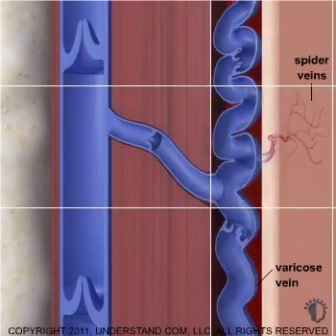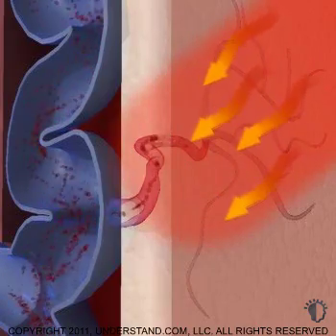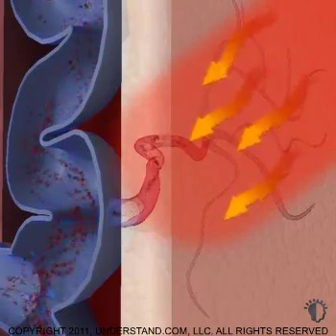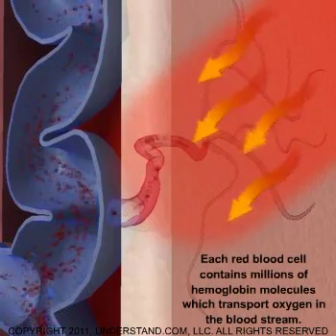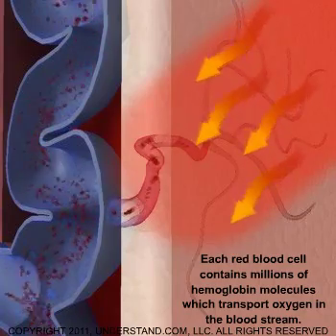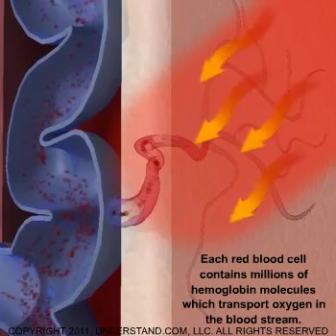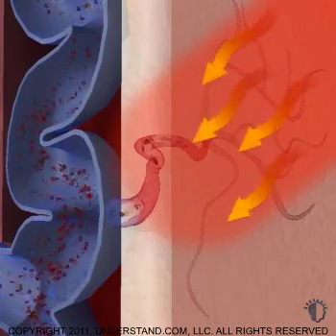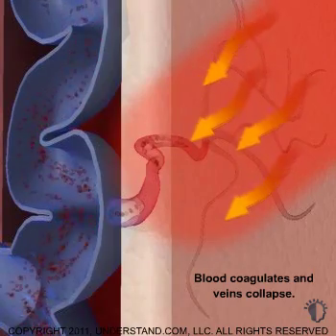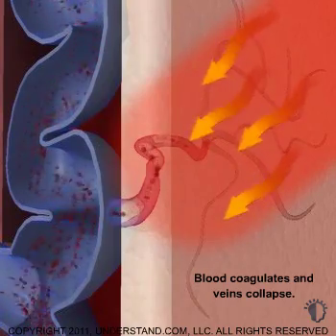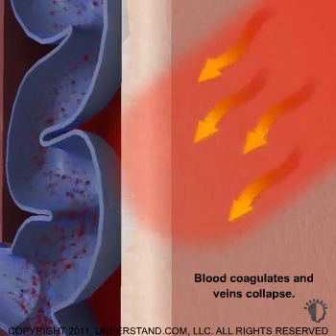During laser vein removal, a laser emits light energy that travels through the skin and is absorbed by the hemoglobin within the affected veins. Hemoglobin is a protein responsible for transporting oxygen within the blood that gives blood its red color. As the hemoglobin absorbs the light energy, it causes the blood within the vein to coagulate, or clot together. As a result, the vein collapses and is eventually reabsorbed by the body.